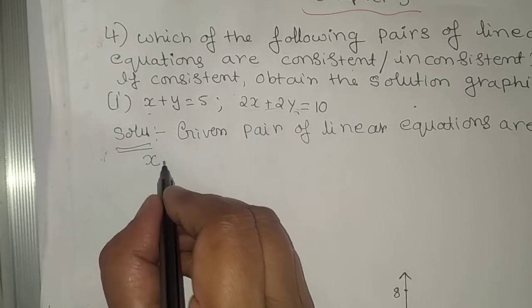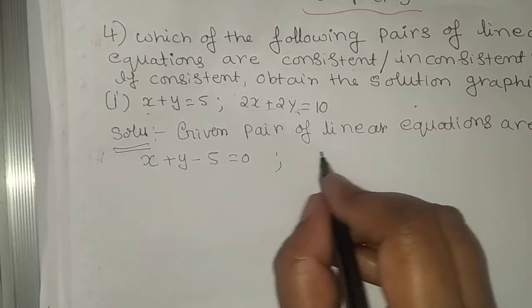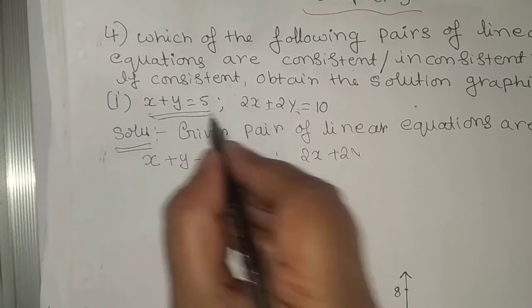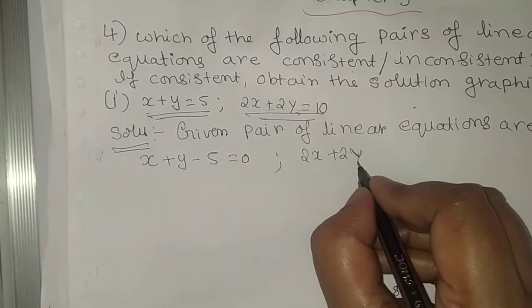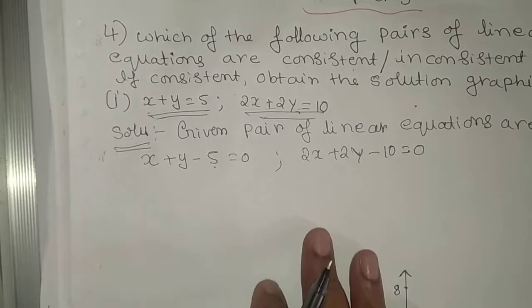That is, x plus y minus 5 is equal to 0. The next one is 2x plus 2y minus 10 equal to 0. This is equation 1, this is equation 2.